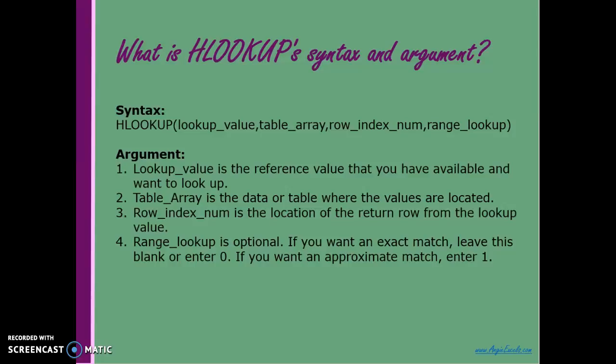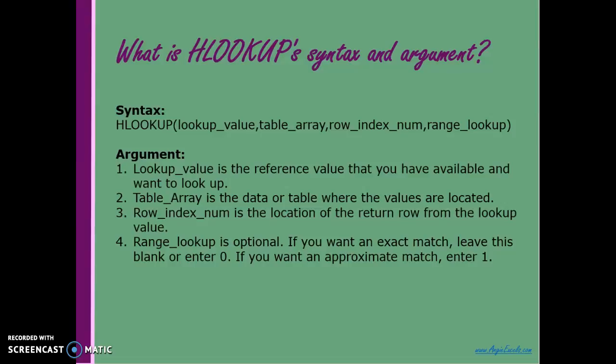Table array is where your data is located. So if you have a phone book question, you go to the phone book. That's your data, that's where your information is, so you go there. Row index number is the location of the return row from the lookup value.